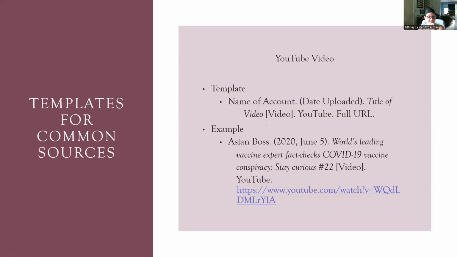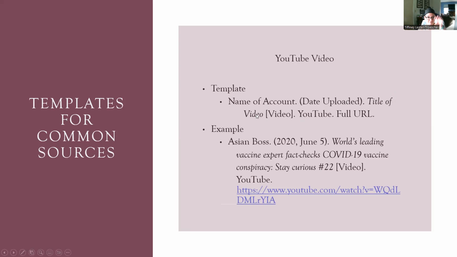YouTube video. Here's our template. First piece of information in the entry is the name of the account. You can see that under the video, posted by, right? The date that it was uploaded goes in parentheses, not the date you watched it, the date it was uploaded. Then in italics, the title of the video, right?